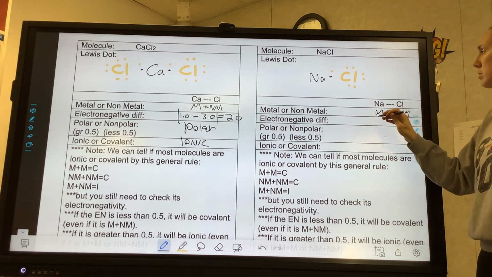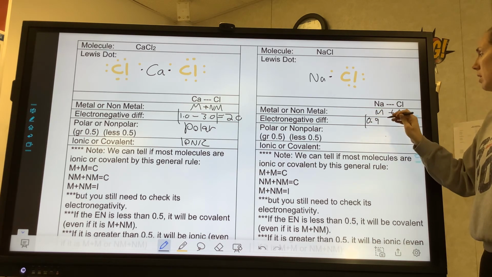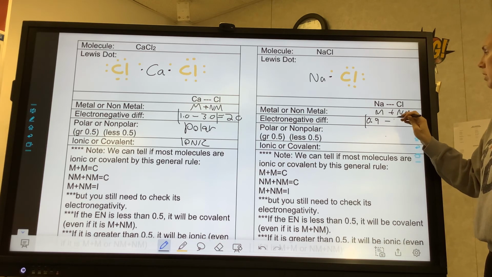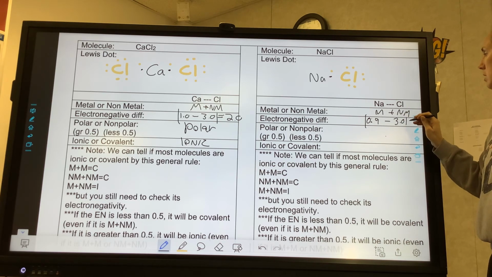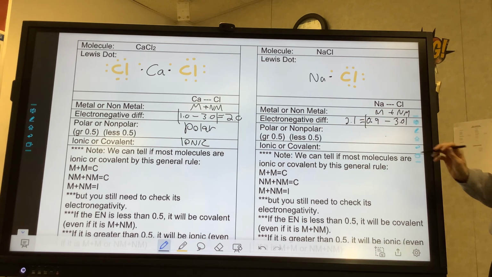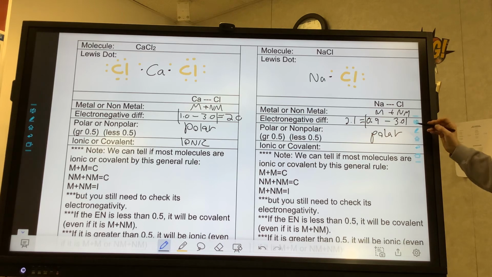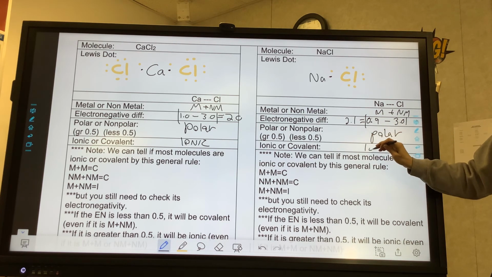What is sodium's? 0.9. 0.9 minus chlorine's 3 gives us 2.1, very polar. It's above 0.5, so what we suspected about it being ionic is true.